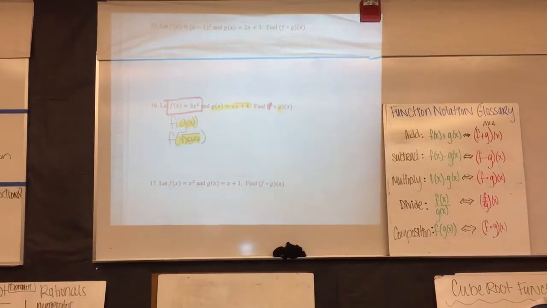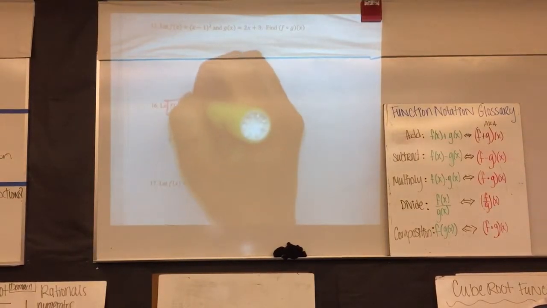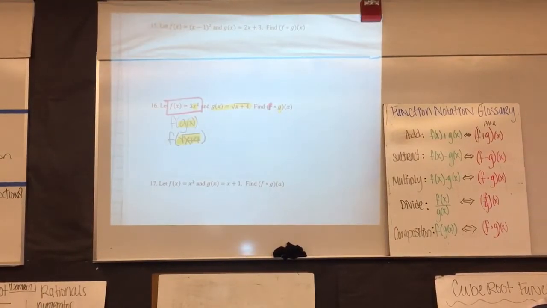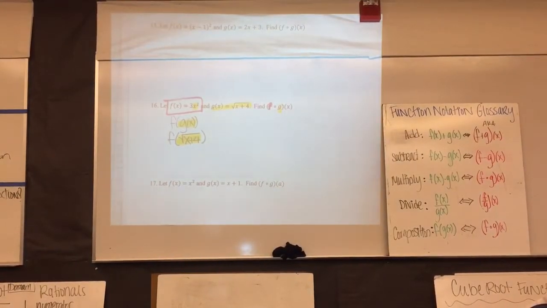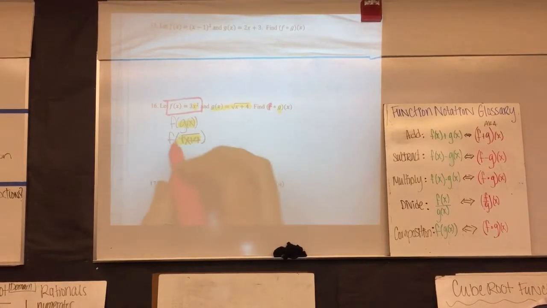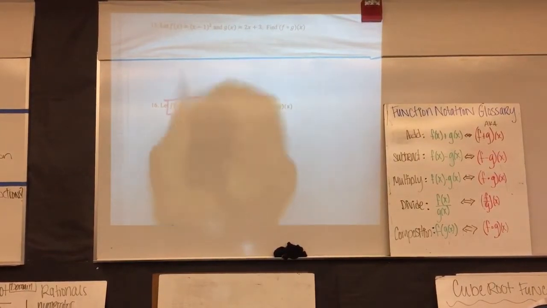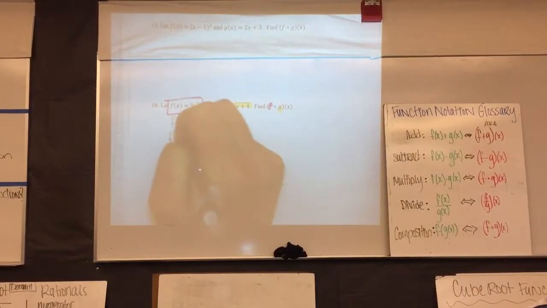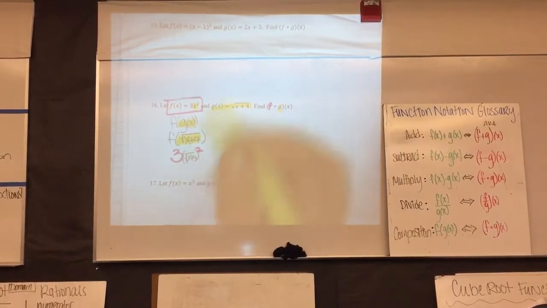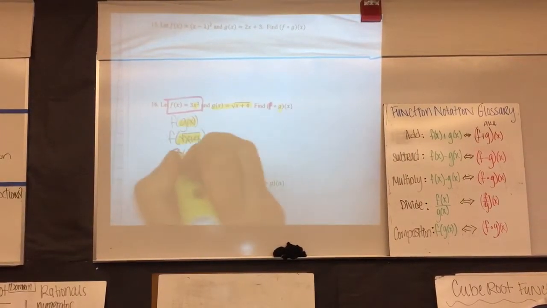So I have an x right here, and in that spot I'm going to plug in the square root of x plus 4. The rest of it stays the same. I still have a 3, I still have a square, but in that place where the x is, I need to plug in the square root of x plus 4. And again, that came from this function of g.